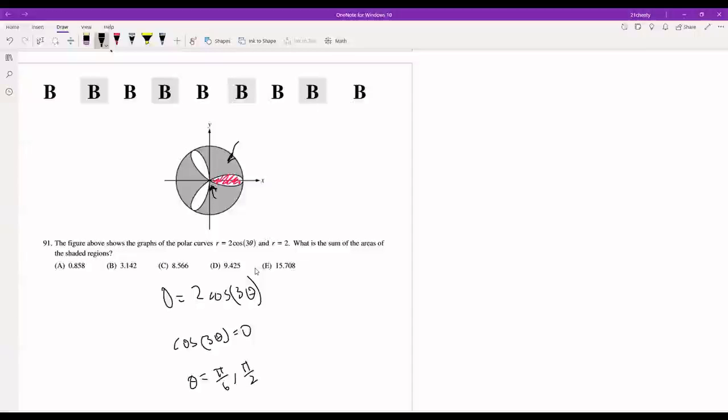So that means at pi over 6, this is 0, and at pi over 2, this is 0.